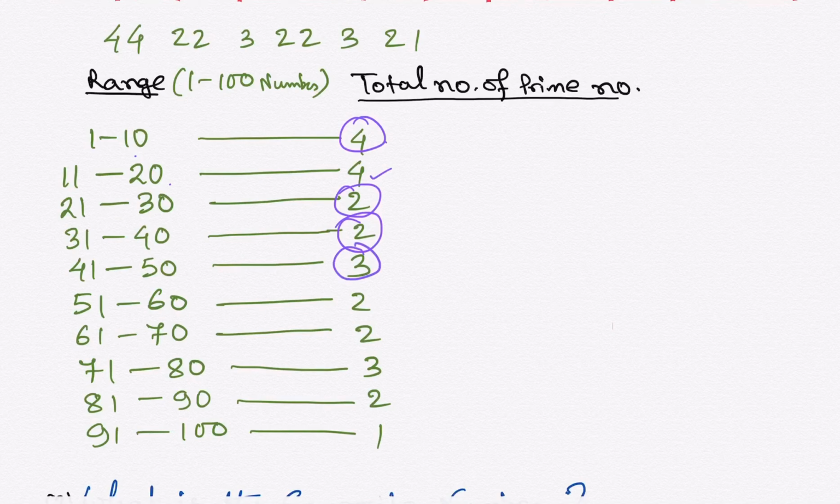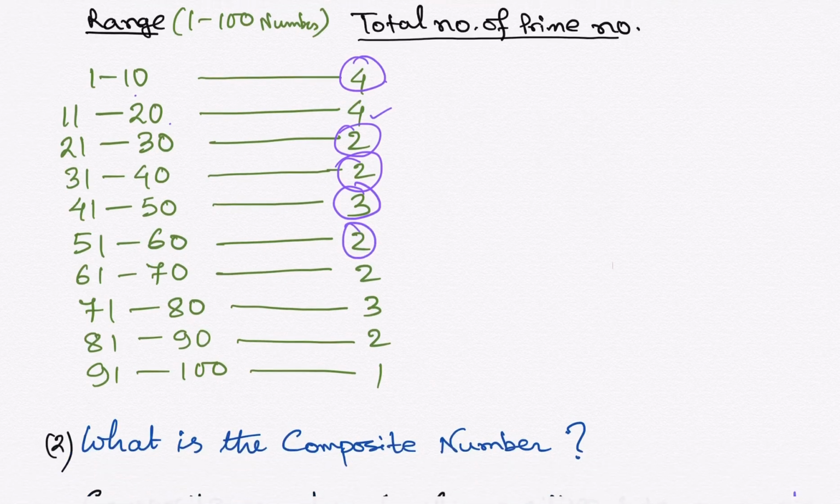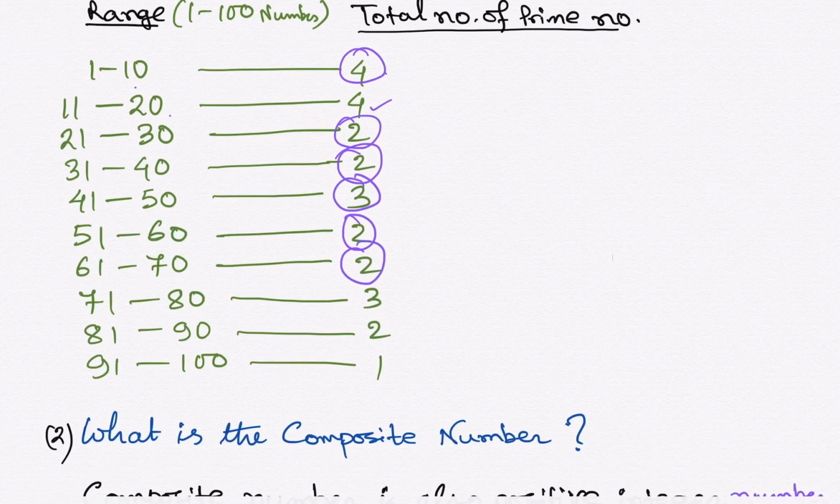In 51 to 60, there are 2. In 61 to 70, also 2. In 71 to 80 and 81 to 90, there are 2. And at last, in 91 to 100, only 1.